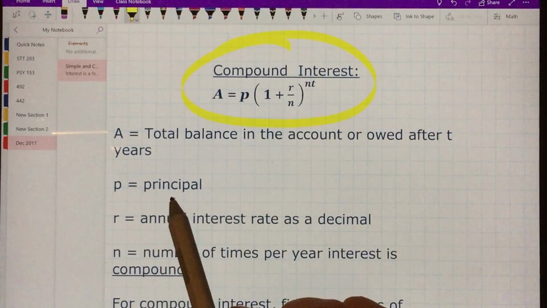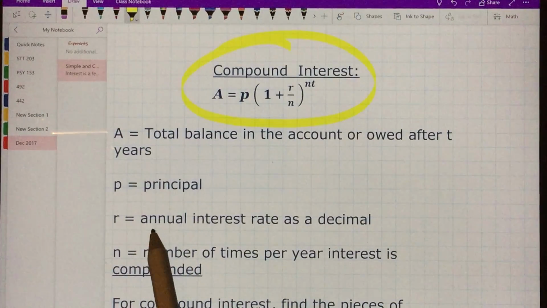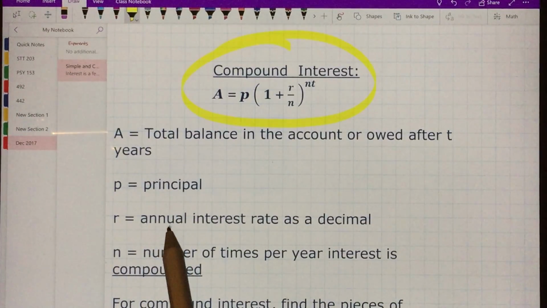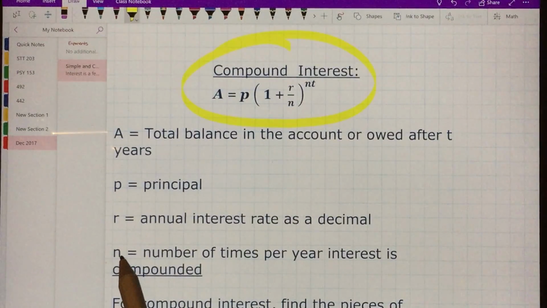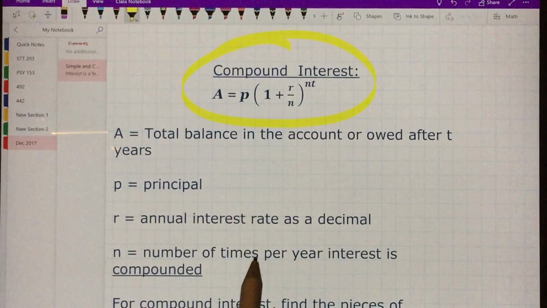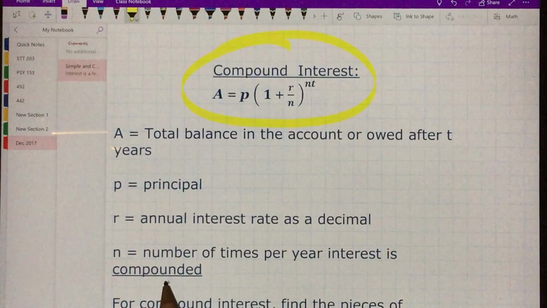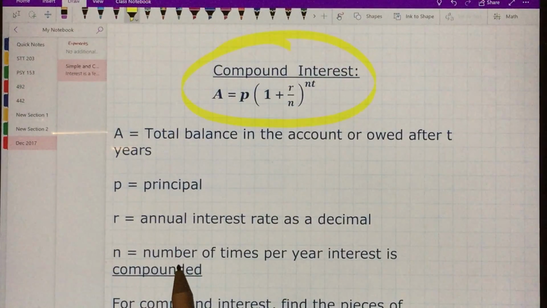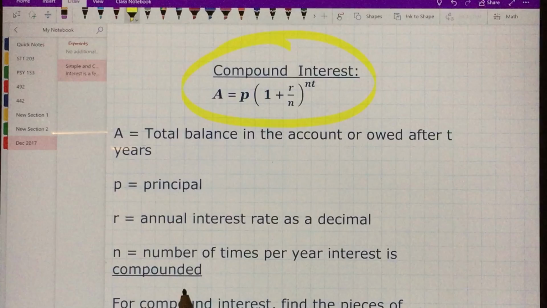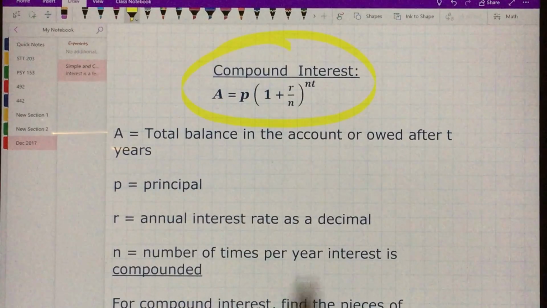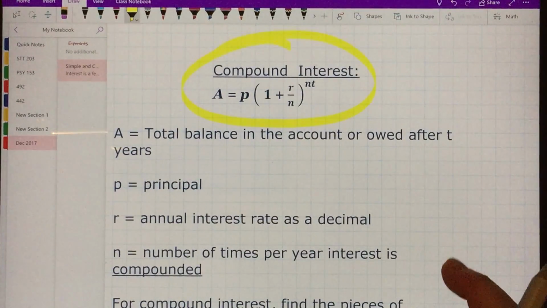P is still the principal. R is still the annual interest rate as a decimal. N is the number of times per year interest is compounded. So we can compound interest once a year, but we can also compound interest twice a year or 3 times a year, quarterly.